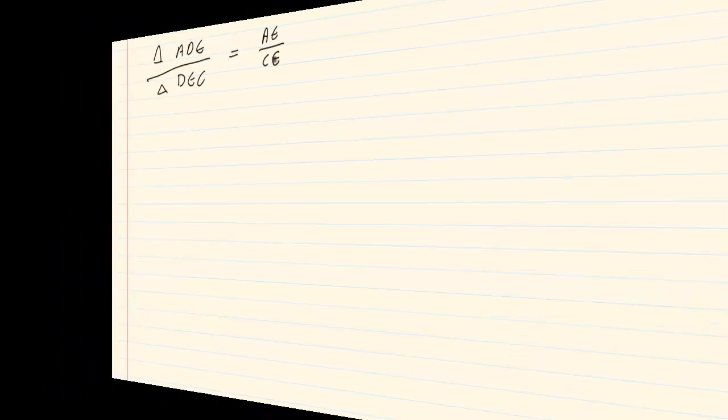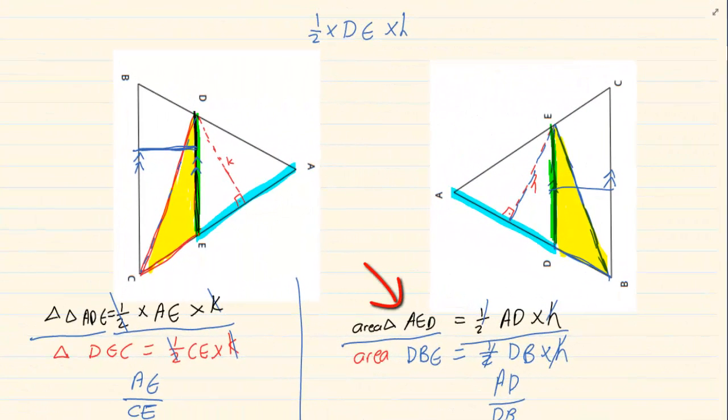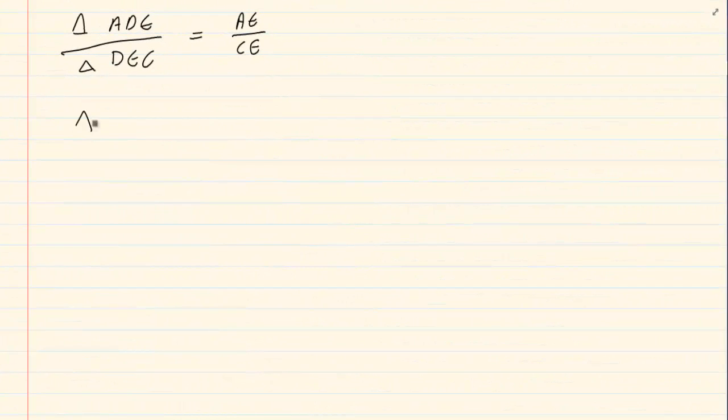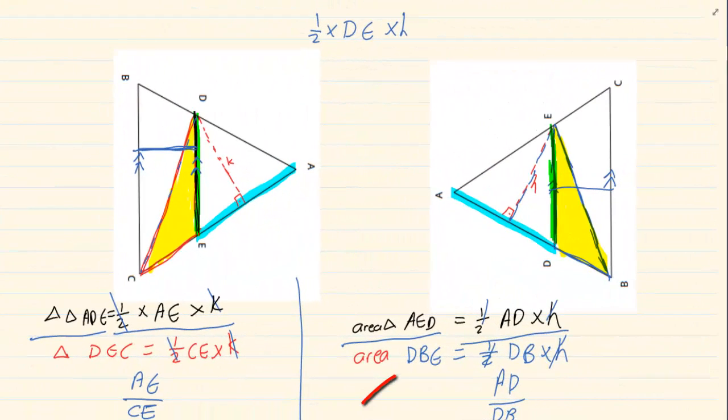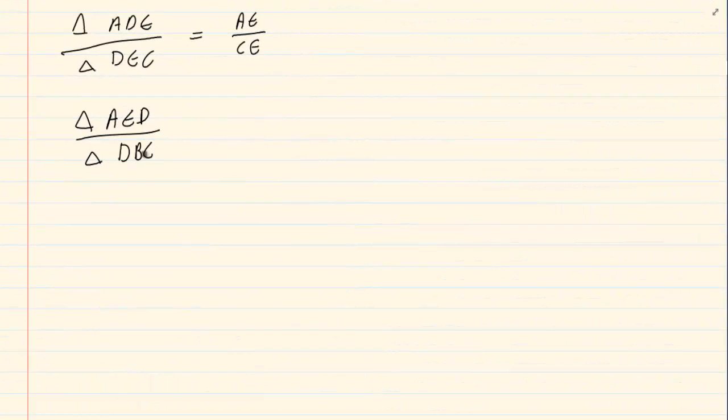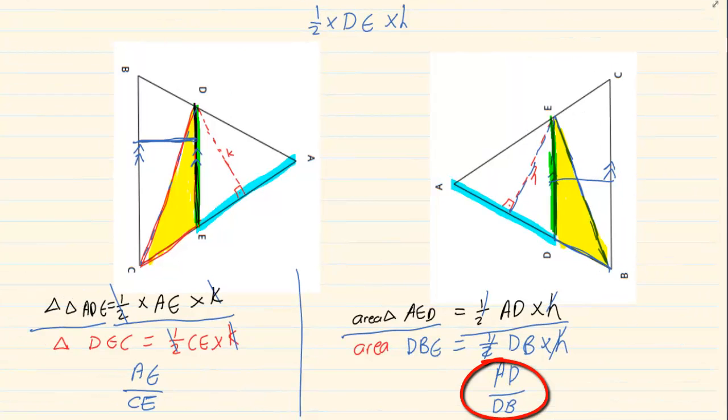Then we had triangle AED over triangle DBE. And when we simplified that, our ratio was AD over DB.